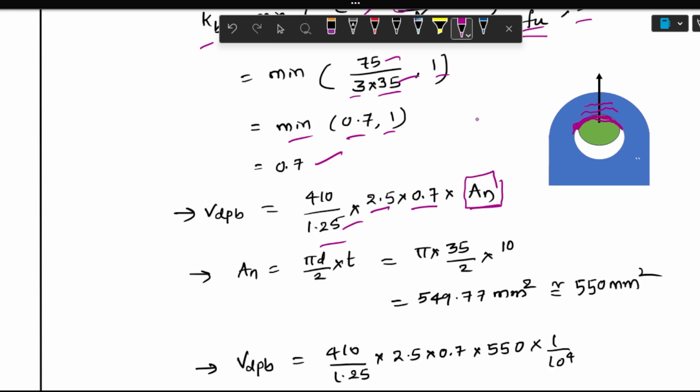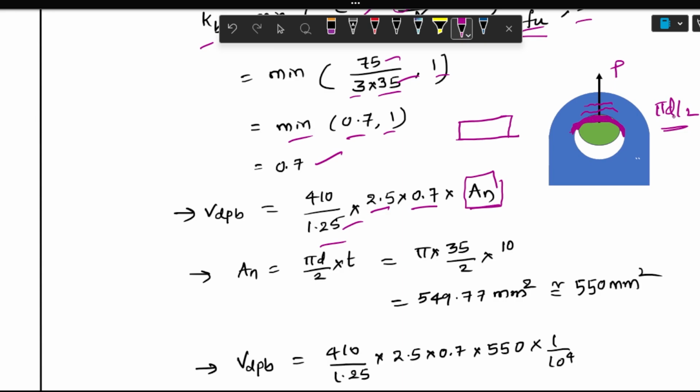If you consider the projection of this plane area, with load acting, for example P, this length is the circumference of the contact of the pin and plate. Circumference is pi d by 2.